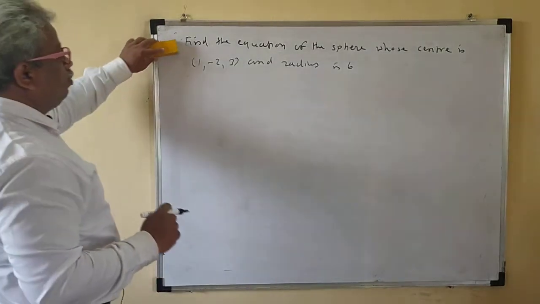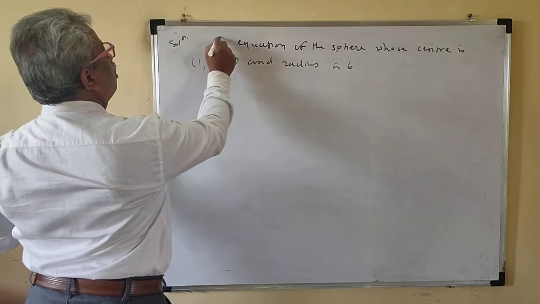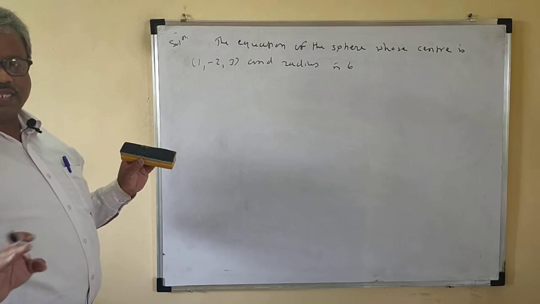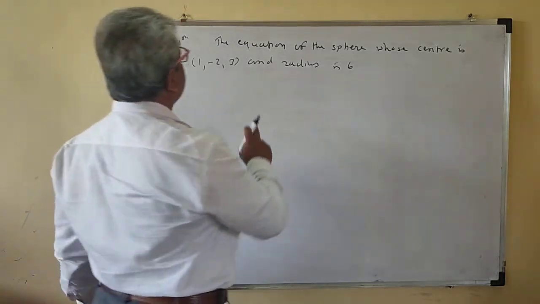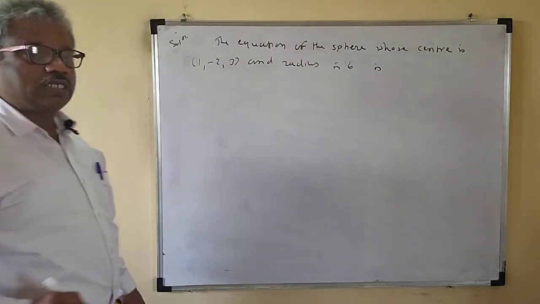Solution. The equation of the sphere whose center and radius are provided, whose center is this and radius is 6, we just write as is.